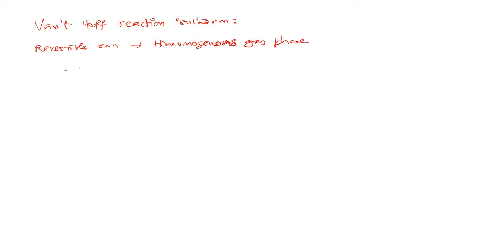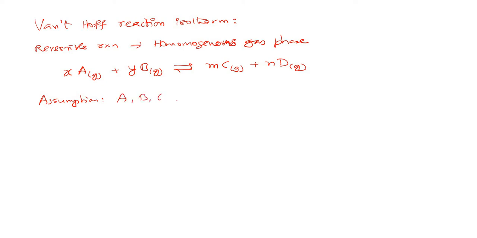Say for example, let me consider a reaction like this, where A and B are reactants, C and D are products, and I'm going to make one more assumption here: that A, B, C and D are all ideal gases.